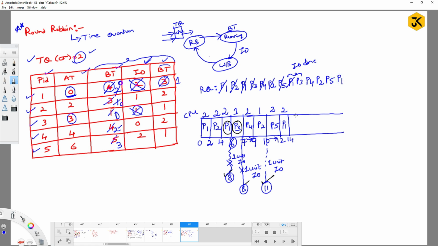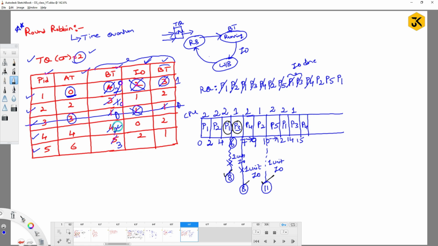Now the turn will be for P3. P3 will get the chance, execute for 1 unit of time and complete by 15. As it has done its task, it won't be added to the ready queue. Next turn will be P4.